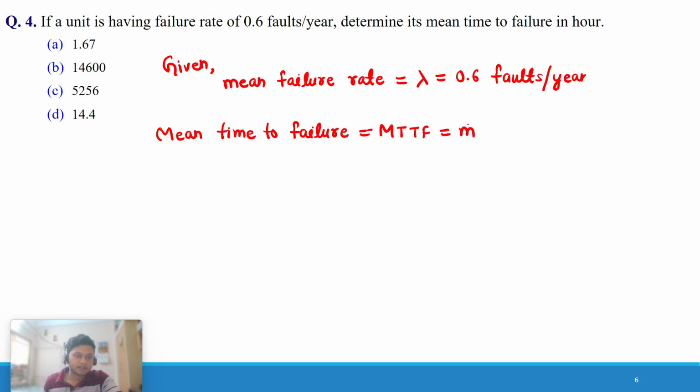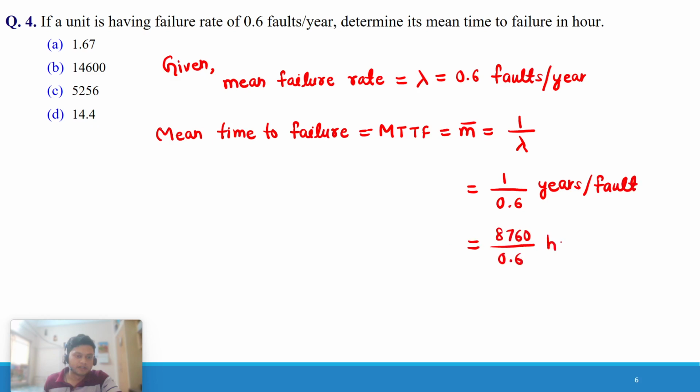It is m bar, the reciprocal of lambda, 1 divided by 0.6. It will give you the time in years. So you have to find it in hours, so multiply it by 8760 hours per fault.